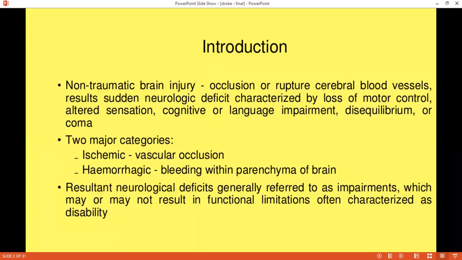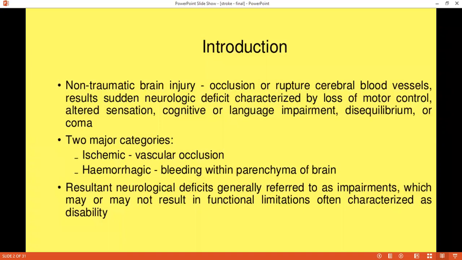Ischemic stroke means occlusion of the blood vessels by a clot, which is found through MRI or CT scan. The other is hemorrhagic stroke, which is bleeding from the blood vessels.